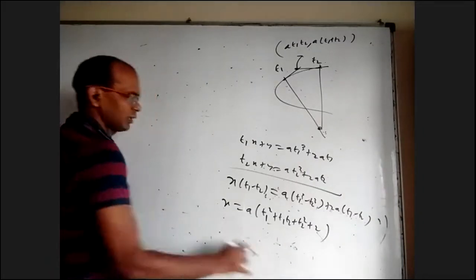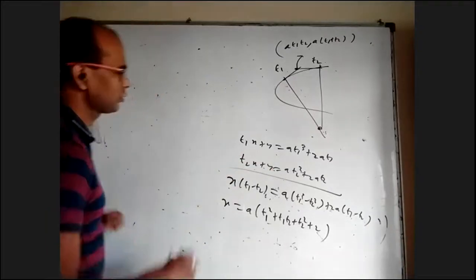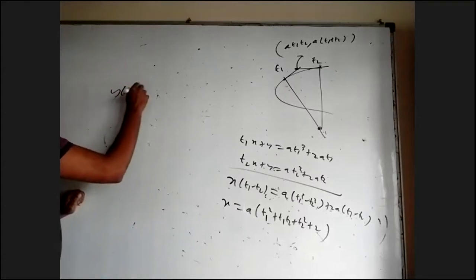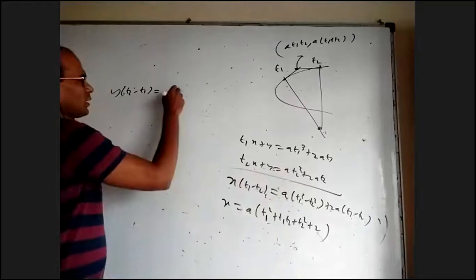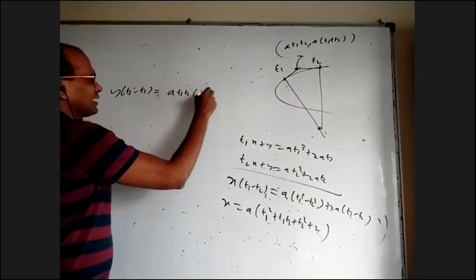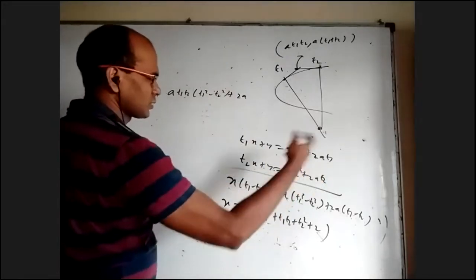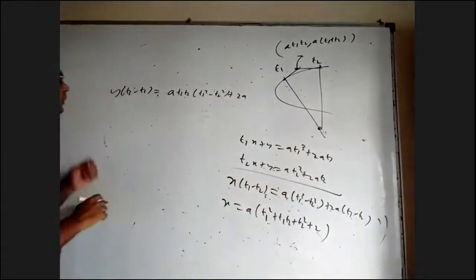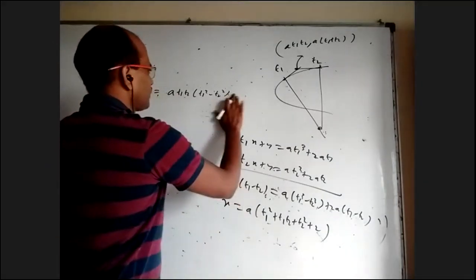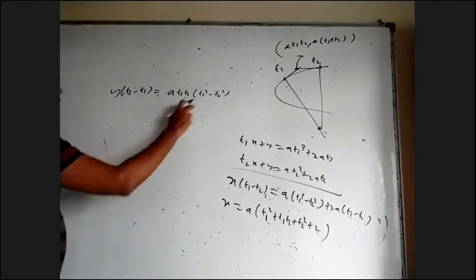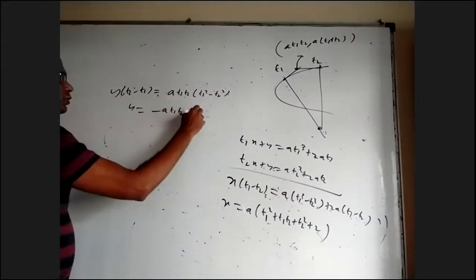Directly we can find the y coordinate if required. Multiply this with T2, this with T1, x will go. What will happen to y? You will get T2 minus T1 common. This with T2, this with T1, subtract, I'll get a T1 T2 common, T1 square minus T2 square. And this with T2, this with T1, subtract, they'll get cancelled. Take T1 minus T2 common, and the y coordinate becomes minus a T1 T2 into T1 plus T2.